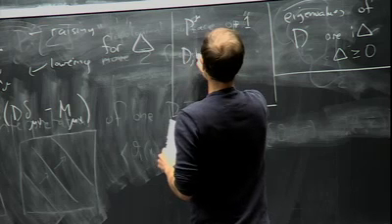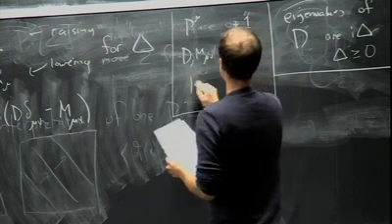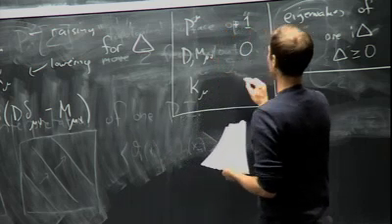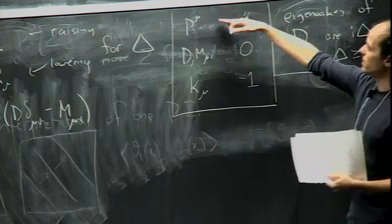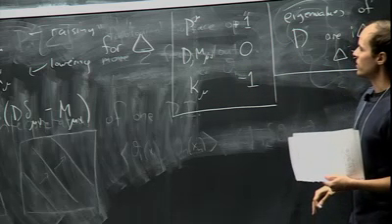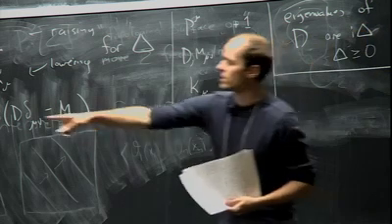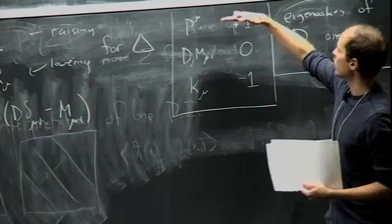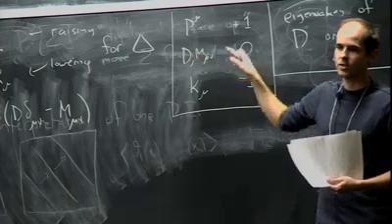We have D and M mu nu, which have eigenvalue 0, and K mu, which is eigenvalue minus 1. So P mu is dimension 1, K mu is dimension minus 1, and these two are dimensionless, so their commutators with D vanish. The statement of this here is just that if you take a commutator of a thing with dimension 1 and a thing with dimension minus 1, you get a linear combination of the things with dimension 0.